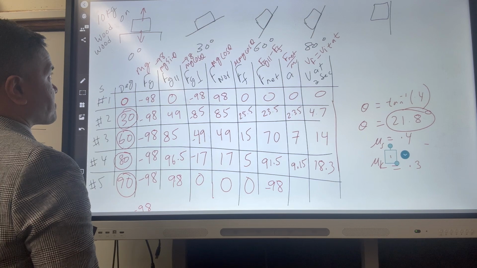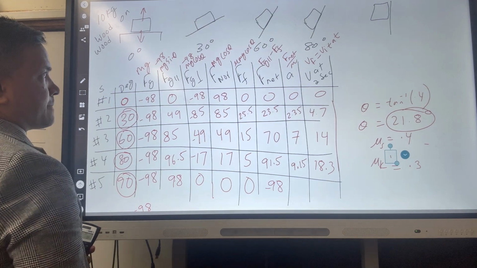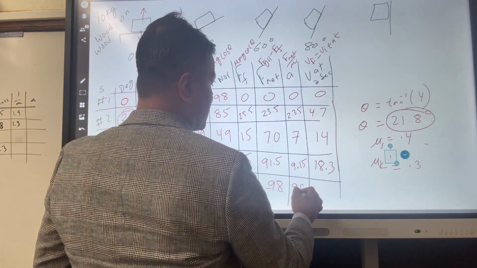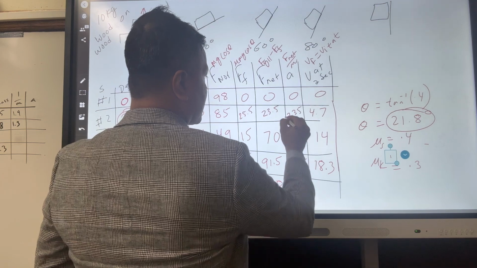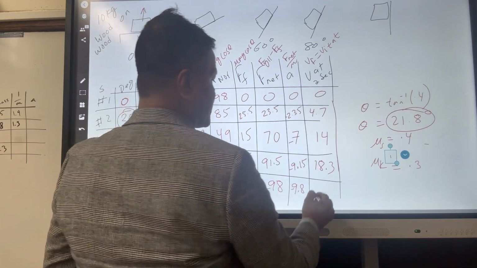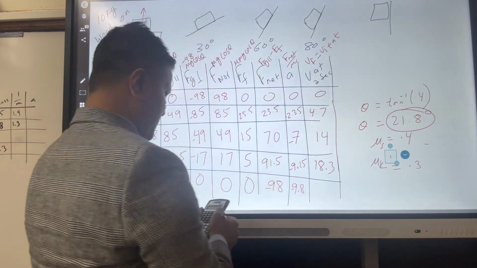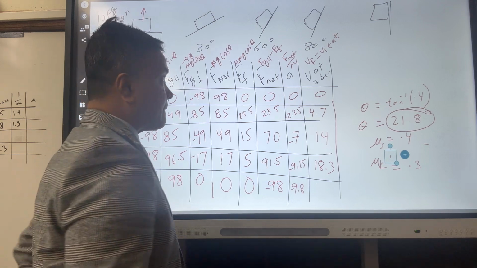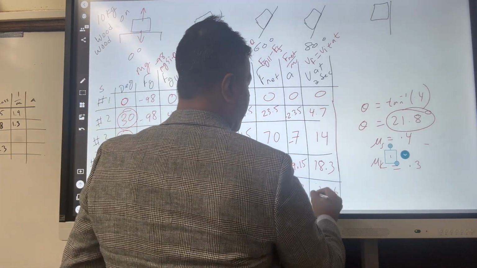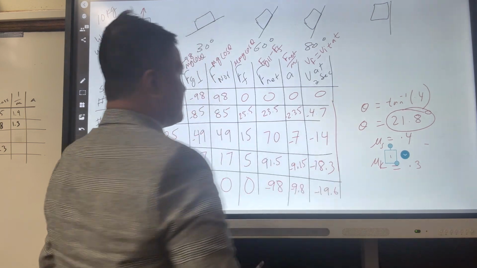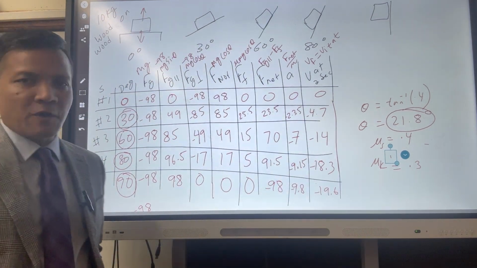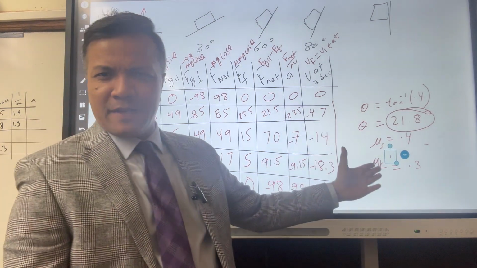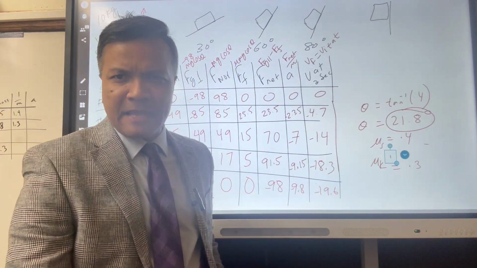And acceleration is 9.8, which is obvious, which makes sense. And velocity is 9.8 times 2, 19.6. All right, so there you go, we completed the table. Tomorrow we'll explain this, and that's the plan for tomorrow.